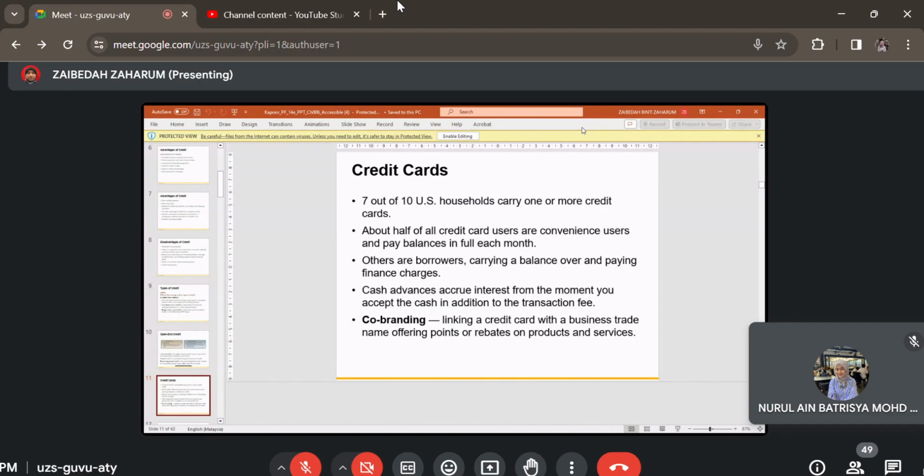And then kita tengok sini co-branding, linking a credit card with a business trade name, offering points or rebates on products and services.